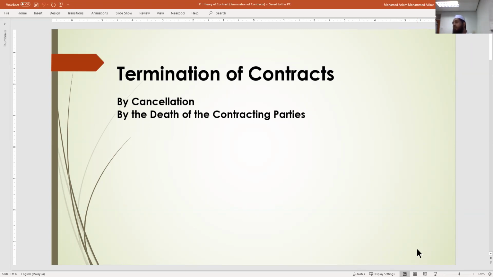So we need to know what the prohibited elements are that can make your contract invalid, and if you are able to avoid or remove that element, then your contract will become valid. This is what we are going to talk about in today's class.